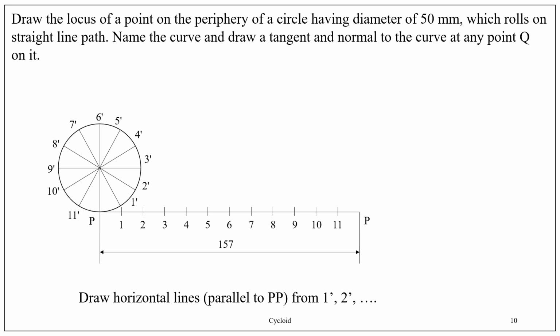Next, draw horizontal lines parallel to PP from the points 1 dash, 2 dash, 3 dash, 4 dash up to 11 dash on the circle.